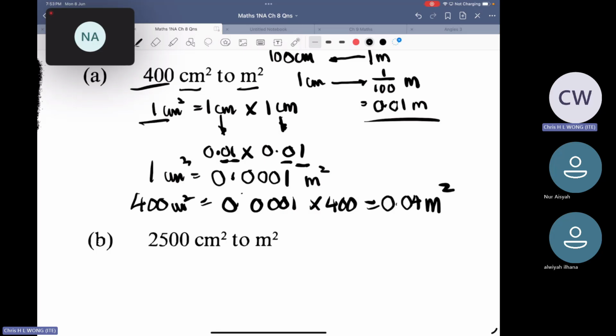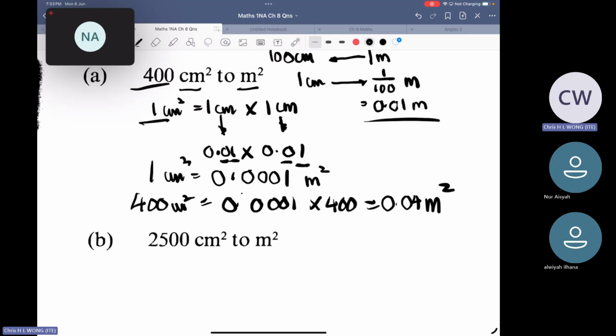Okay, so the rest please check. 0.25 meter square. Because you already found out just now, right? So no need to convert. You already know 1 cm square is equal to 0.0001 meter square.